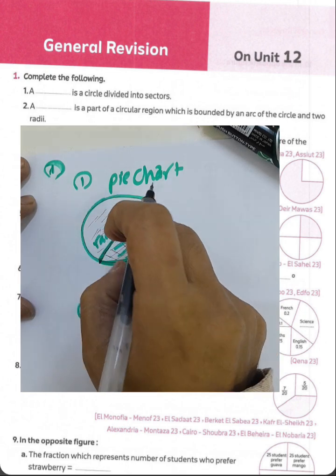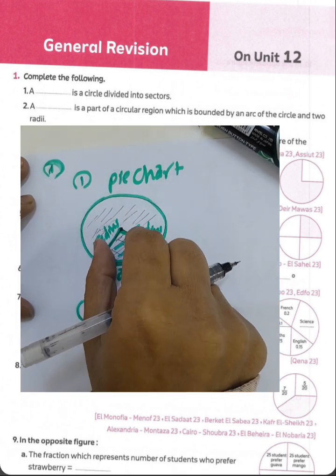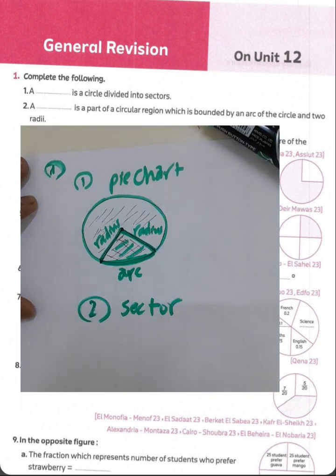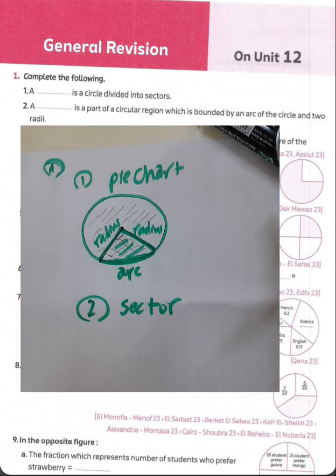This part is determined between two radii and an arc, and this part too. Then that is the definition of a sector.